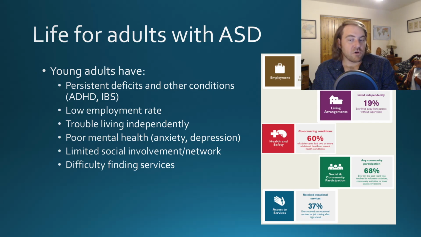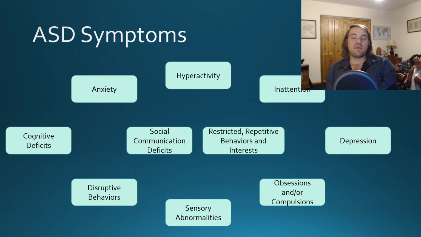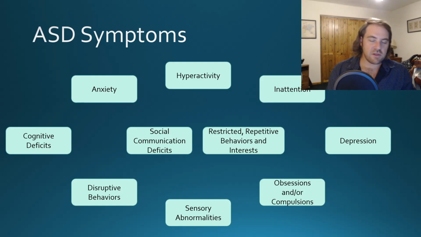So this is just for adults, all adults, younger adults, middle adults, and older adults. This would be true for all of them. And you can see how as you age, these become more of a problem. ASD symptoms run this entire spectrum right here. There are some cognitive deficits. There's anxiety, hyperactivity, inattention, which is slightly blocked by my face, depression, obsessions or compulsions, so components of OCD, sensory abnormalities, and disruptive behaviors.